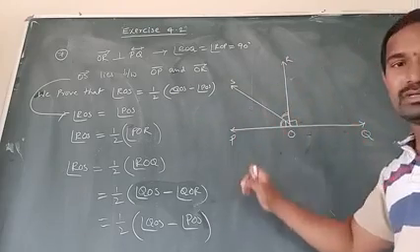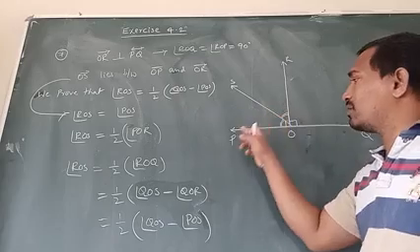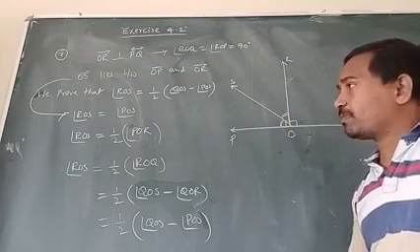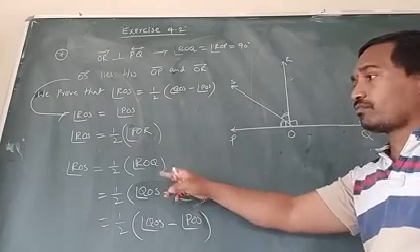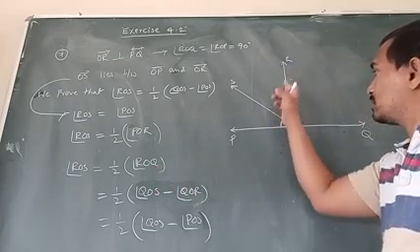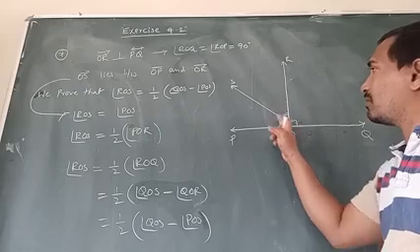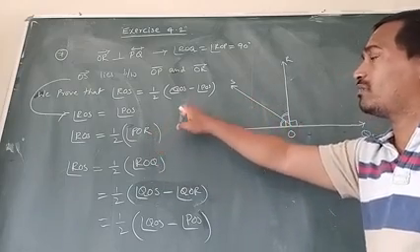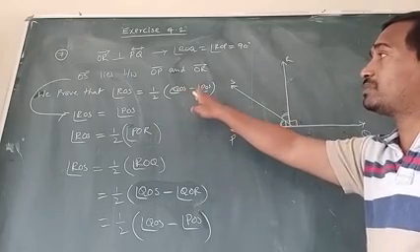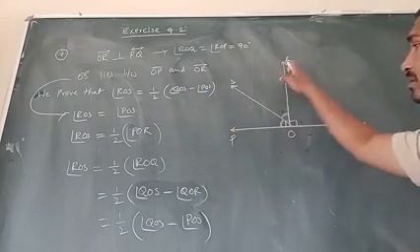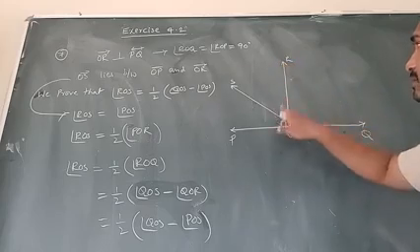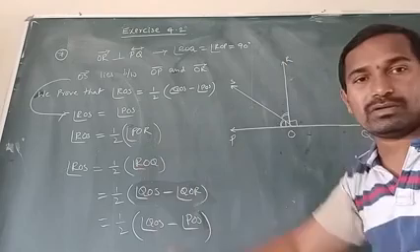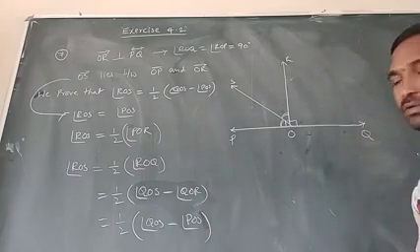So angle ROS equals half of POR. But what we have to prove here is QOS minus POS. POR is 90 degrees, ROQ is also 90 degrees. So I am writing POR is equal to ROQ.